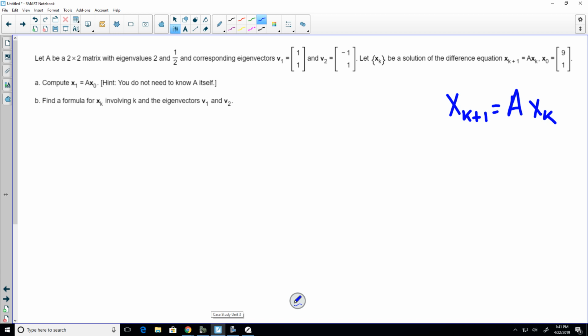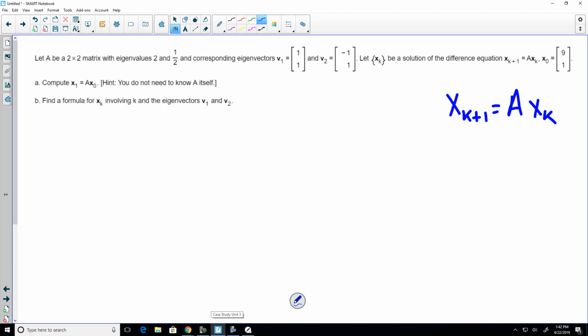This is called a difference equation, where it's a recursive matrix transformation where you multiply the matrix A times the previous vector to get the next vector.